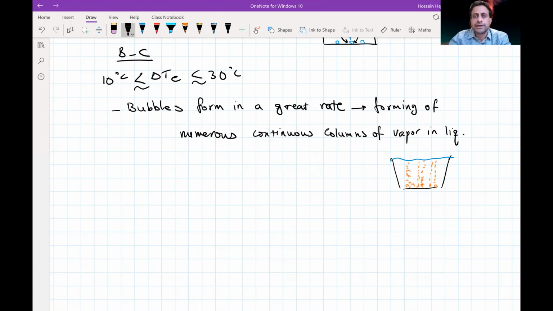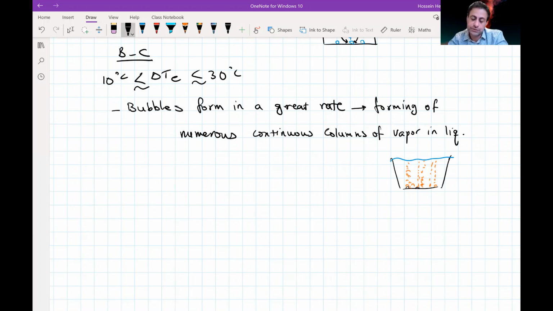Now the evaporation rate reaches a high value: if you increase this delta T excess, the evaporation rates really increase, and part of the surface starts being covered by bubbles, making it difficult for liquid to reach the surface.